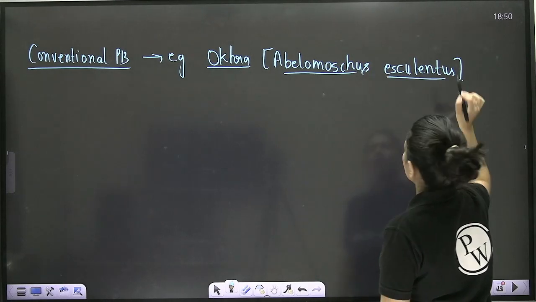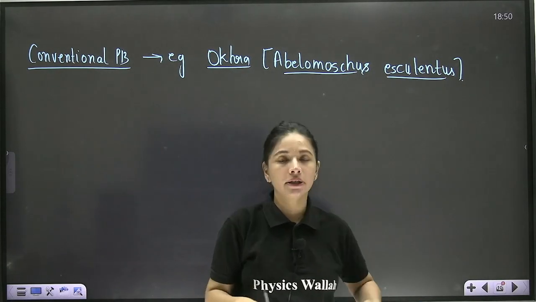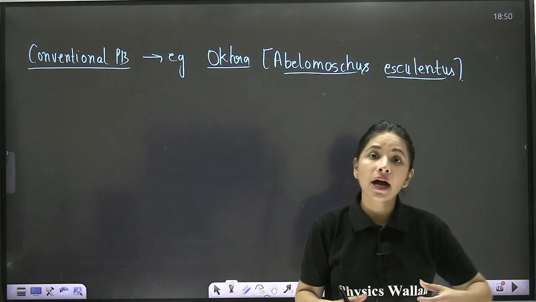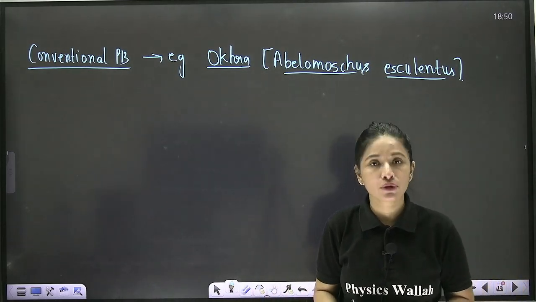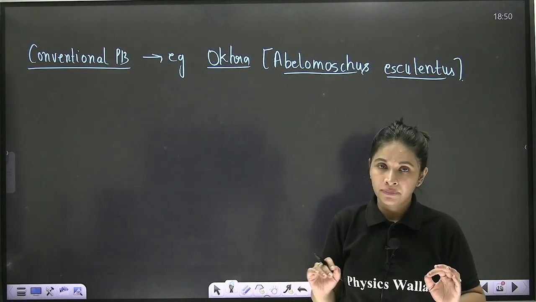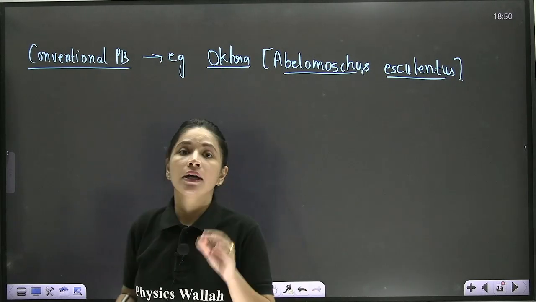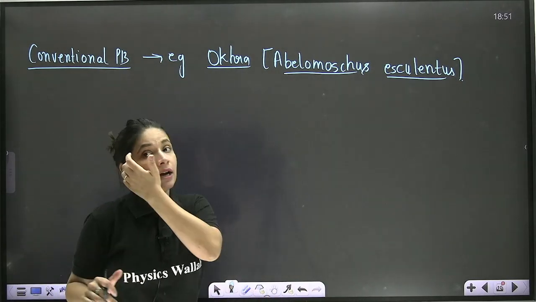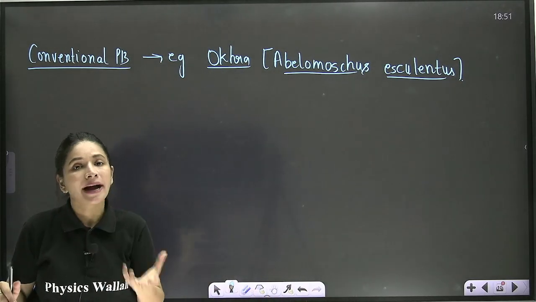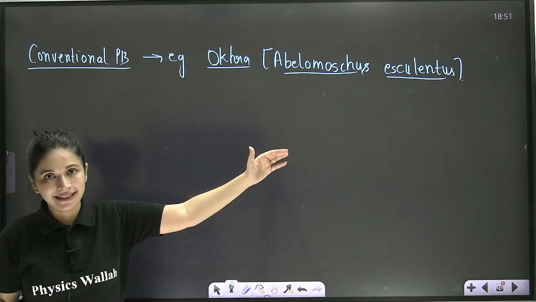Right? Now, basically, with the help of the hybridization technique, we have developed a better variety of Abelmoschus esculentus by the name Parbhani Kranti, which is showing resistance towards yellow mosaic virus. Yellow mosaic is a type of viral disease, and this we have developed with the help of the hybridization technique.